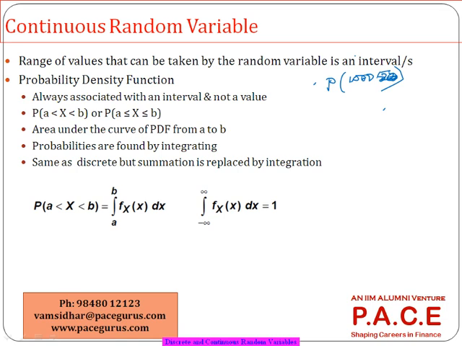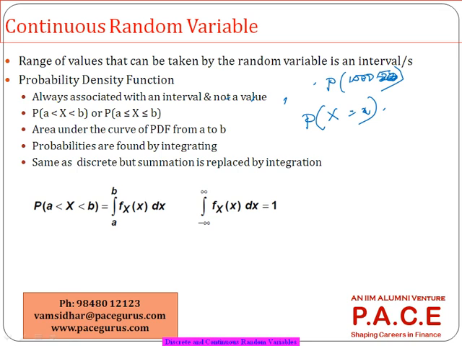So in continuous random variables, we will not talk about the probability of getting a particular value, because in our discrete case, we clearly wrote things like probability of X equal to x, the probability of getting one particular value. Whereas in the continuous case, I can never write it like that.